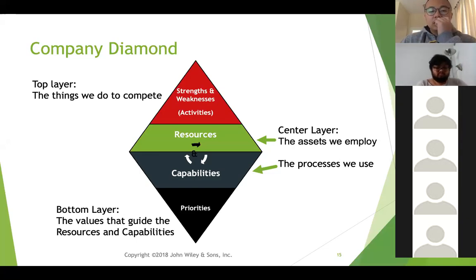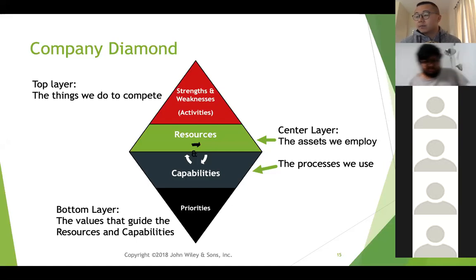Okay, so we can start to explain this analysis tool from the bottom layer. At the very beginning, like what we mentioned in the Audi A6 case, the company wants to make a unique, luxury car for the market and have very good sales.